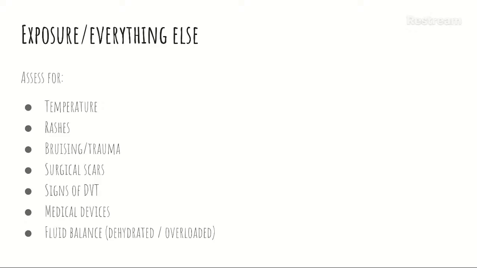Surgical scars, so if you're assessing someone who's had any recent surgeries, if they've got any bandaging over the surgical scars, take that off, have a look if it's infected or if the site looks not quite right. Signs of DVT, so unilateral leg swelling, erythema in the calf.